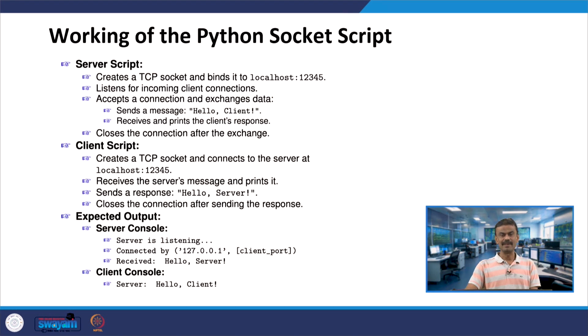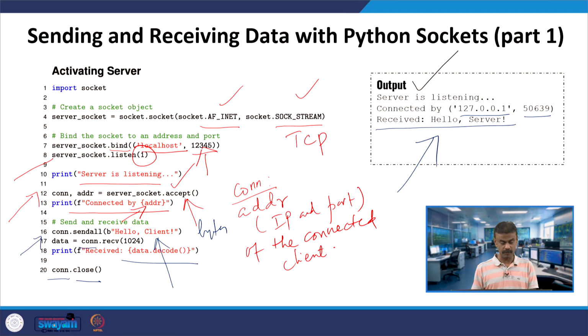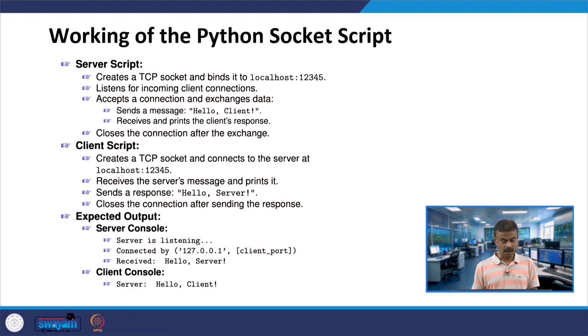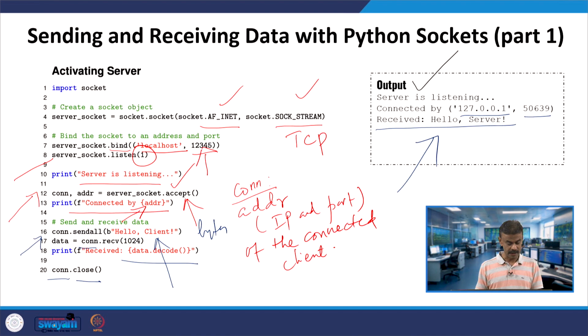Whatever we have done in the previous script, you call it a Python socket script, the server and client. We created a TCP socket and bound it to localhost 12345. That is what we did in line number 7, and it is listening for incoming client connections with listen of 1.